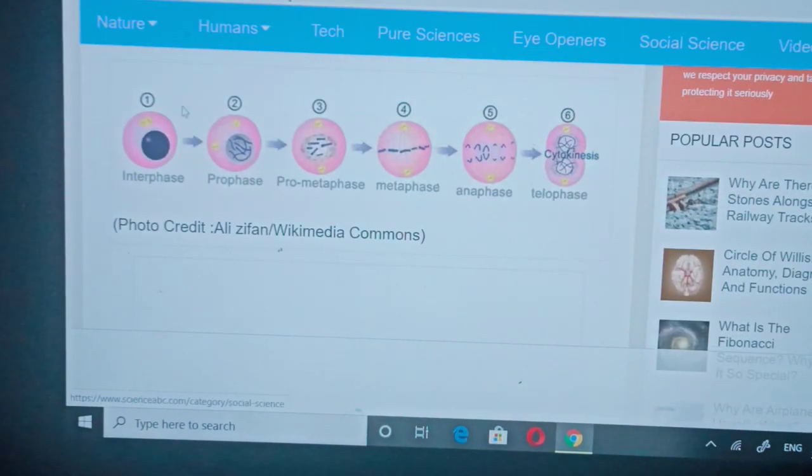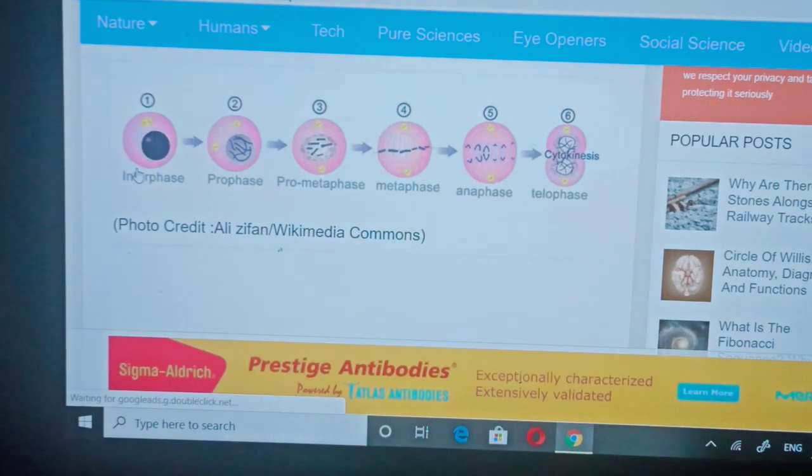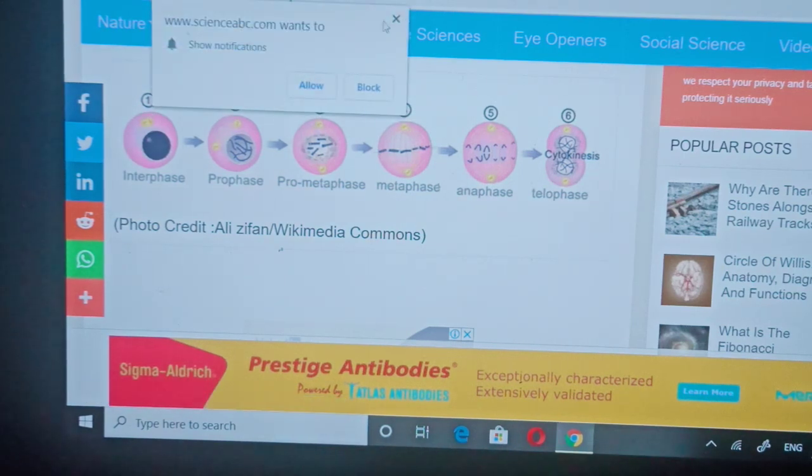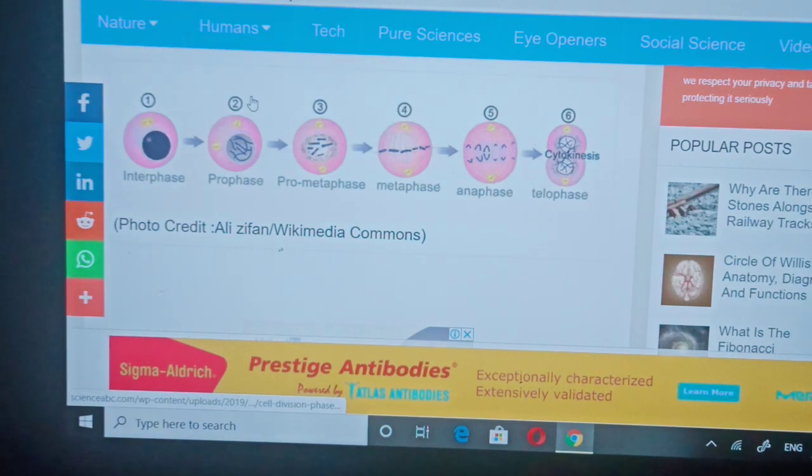After the interphase, when the cell goes through the G1 phase, S phase, and then G2 phase, after completion of the process in the interphase, it goes to the mitosis phase. The mitosis phase has four different sections, that is prophase, metaphase, anaphase and telophase.